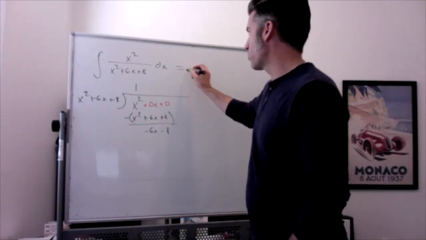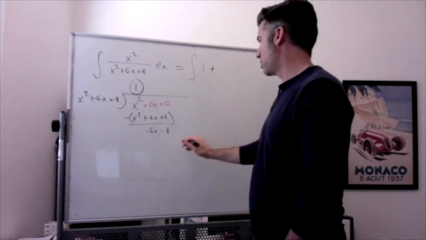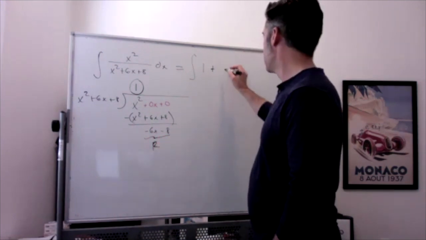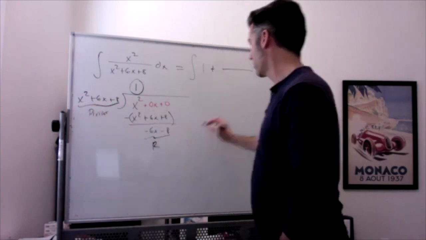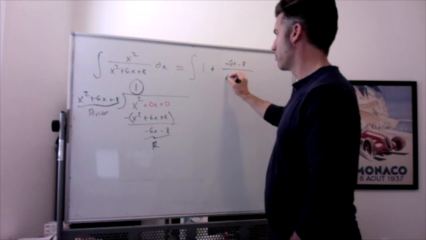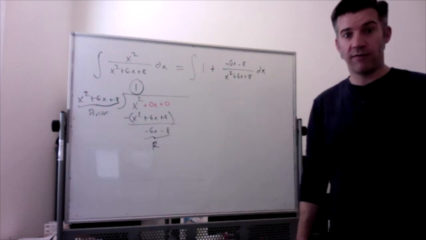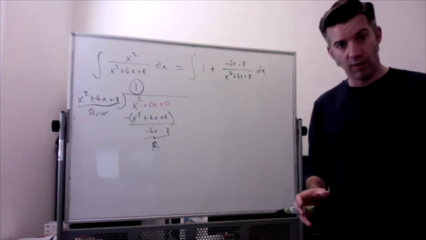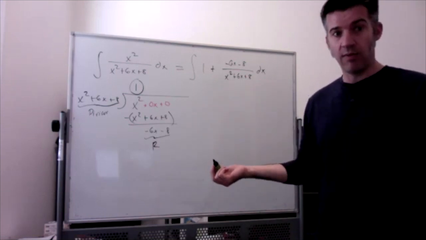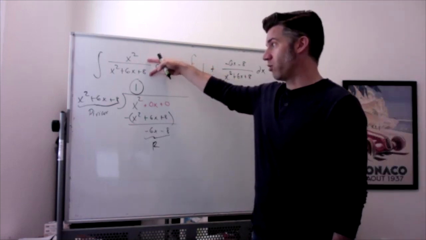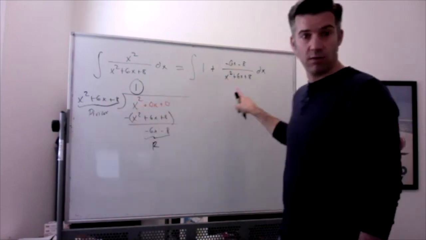We rewrite the integral as the quotient plus the remainder divided by the divisor. So that's always the first kind of process you have when you have a rational function and the degree on top is greater than or equal to the degree on the bottom. You do the division, and then you replace the rational function with the quotient plus the remainder divided by the divisor.